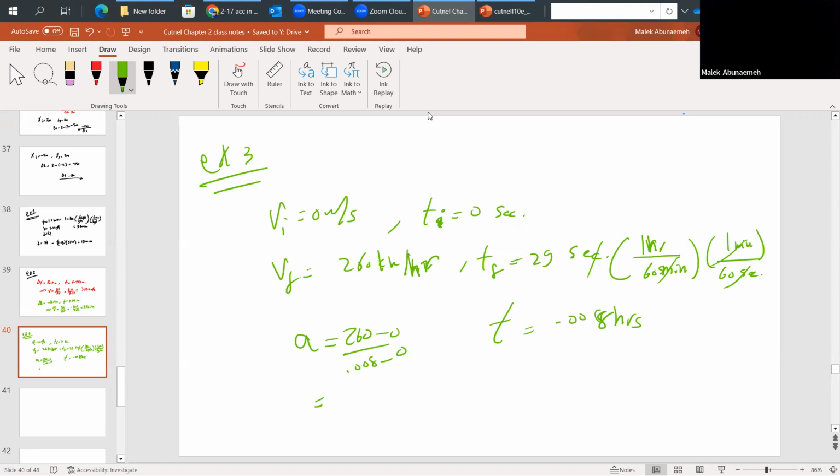So that's going to be 260 divided by 0.008. I got 32,500 kilometers per hour squared.